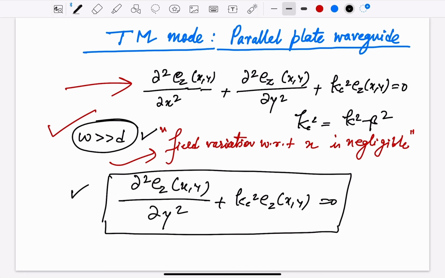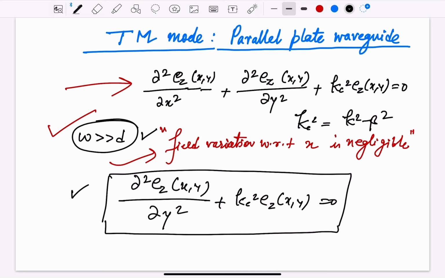Considering all the x, y, z variation, Ez(x,y,z) equals A sin(kc y) plus B cos(kc y), and the wave is traveling in the z direction, so this is multiplied by e to the power minus jβz. The constants A and B may be found by applying the proper boundary conditions.